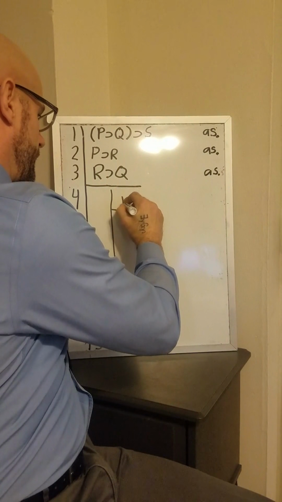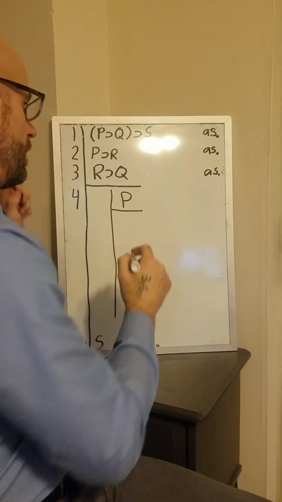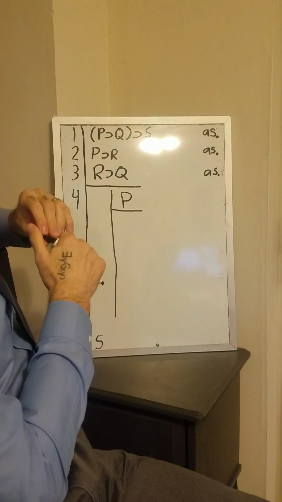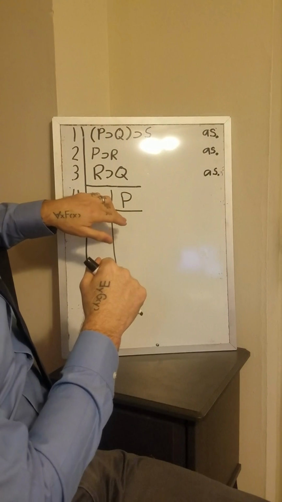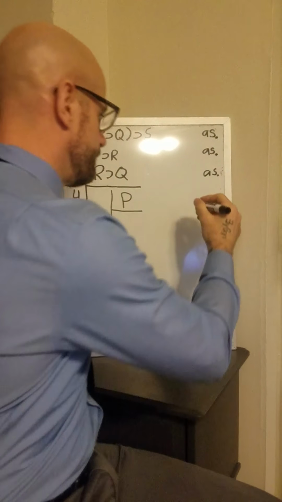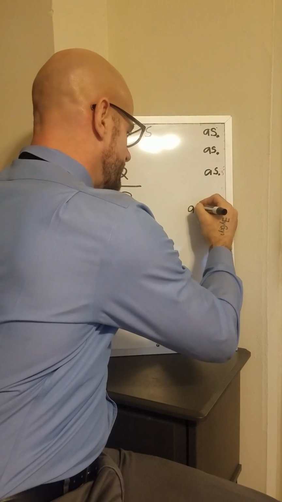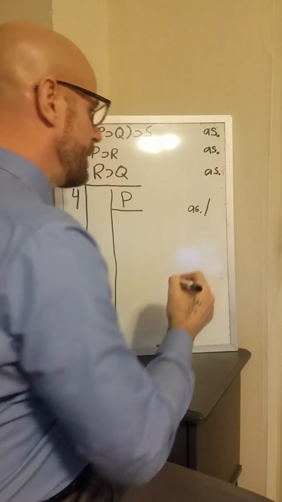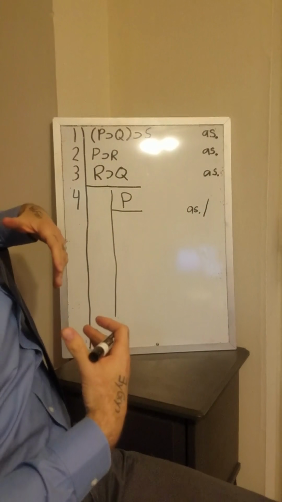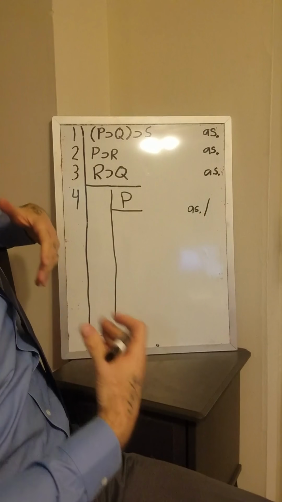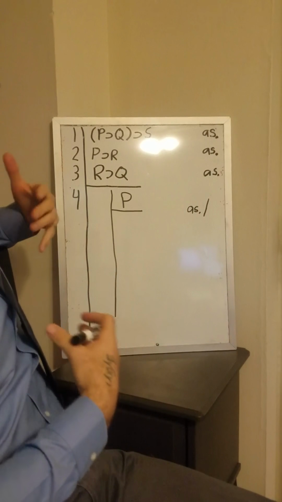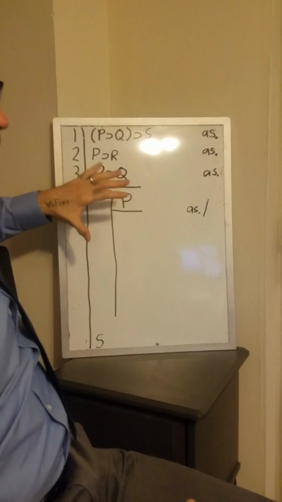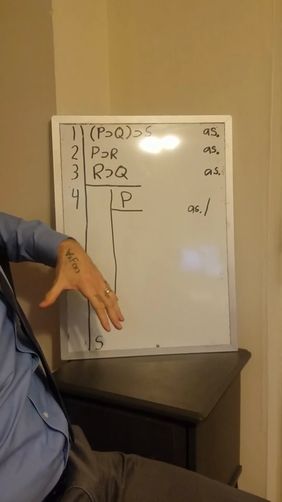So on line 4, we're going to begin a subderivation with the assumption P, and our justification is AS for assumption, and we need to cite the rule that we're trying to use by making that assumption, because you just don't want to make assumptions randomly throughout your derivation.